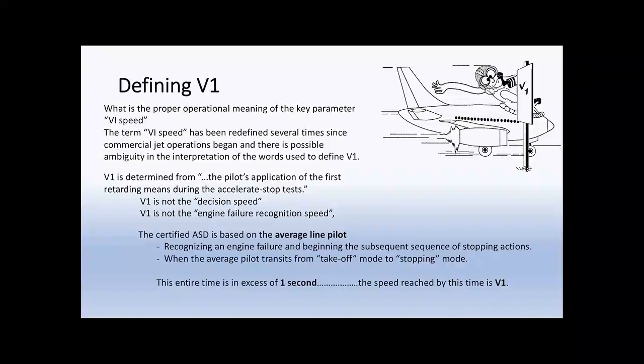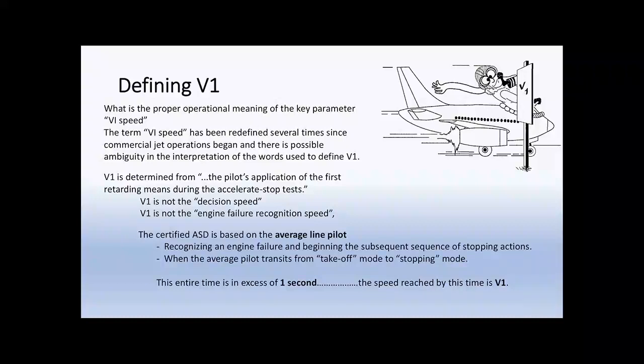Theoretically, when we are testing an aircraft and we are certifying it, the V1 is determined from, and I quote, the pilot's application of the first retarding means during the accelerate stop test, which means V1 is neither the decision speed nor the engine failure recognition speed. Because in both these conditions, by the time you start applying the first retarding means, your speed would be higher than the speed you recognize it, which means a higher than V1 speed.